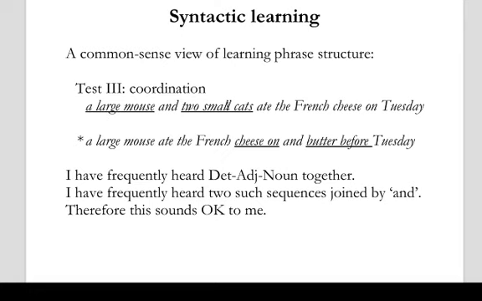And two of these coherent units can be joined together by and. Right? That's the basic idea. I might not have heard this particular sentence before, but I've heard, thousands of times in my life, determiner, adjective, noun occurring one after the other, and I've heard thousands of times in my life two coherent units joined by and. Compare this. Therefore, I'm going to say this one is good.